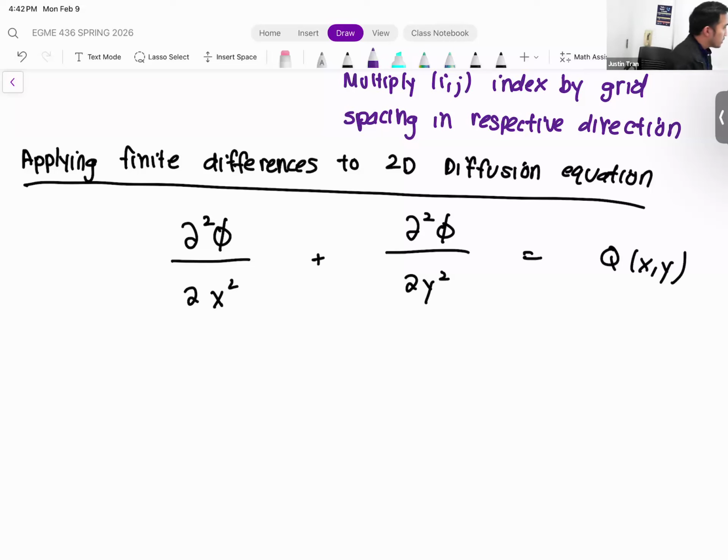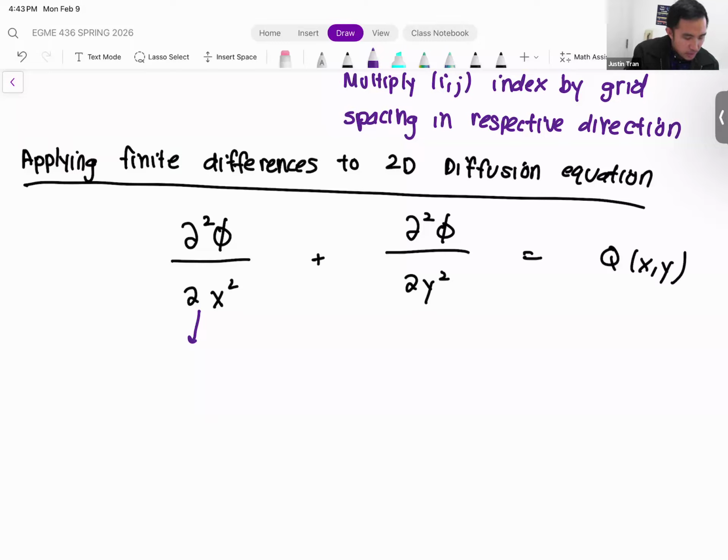To apply finite differences, we have two second order derivatives here, so we're just going to plug in our finite difference approximation, noting which direction we take the derivative in, since that changes how we index i and j. Let's do the x derivative first.